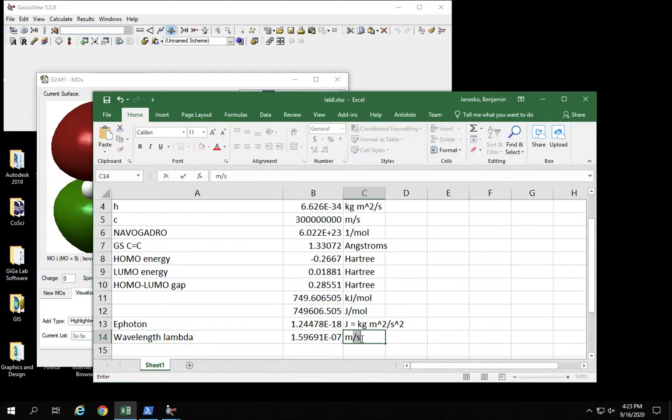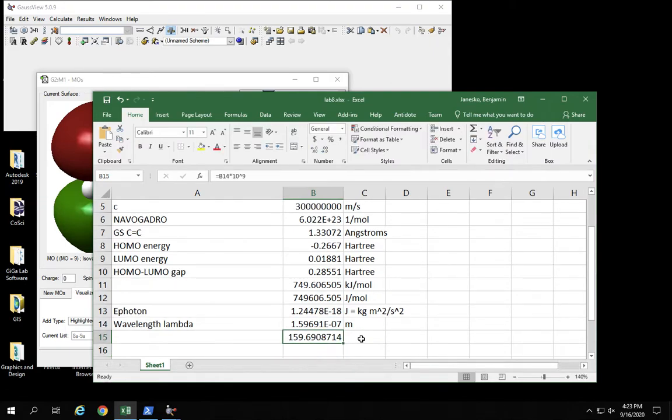This ends up having units of meters. Please don't autocomplete, I hate it. Now I take this and multiply it by 10 to the 9th. And so I get a photon wavelength of about 159 nanometers.